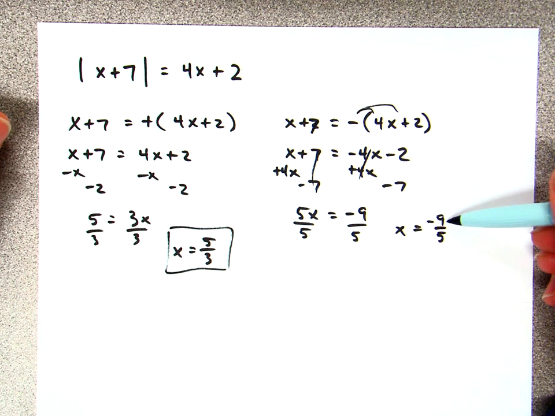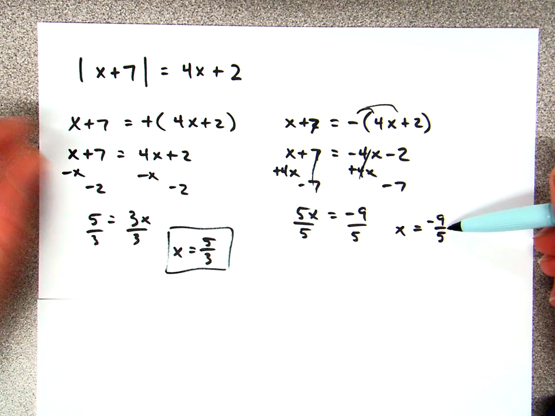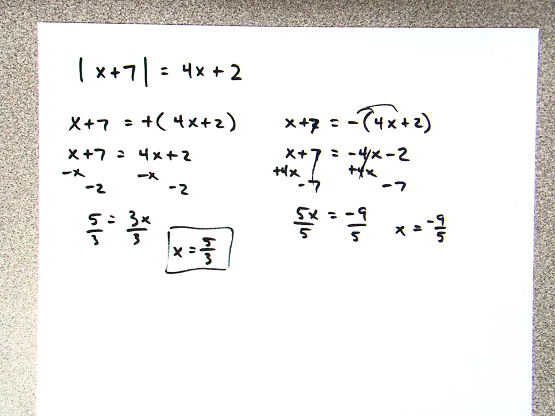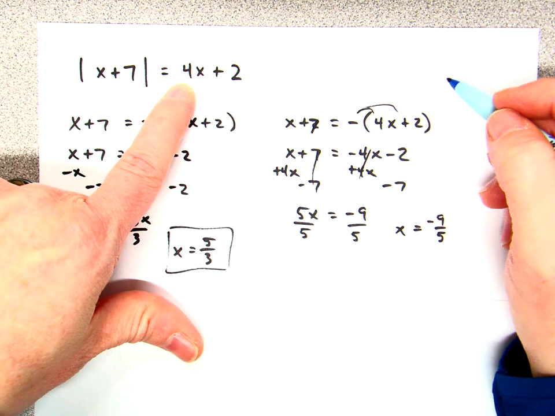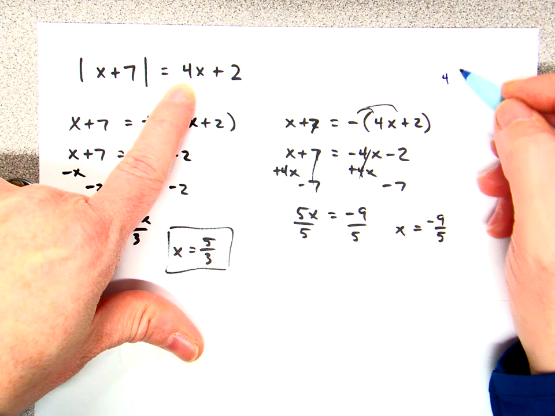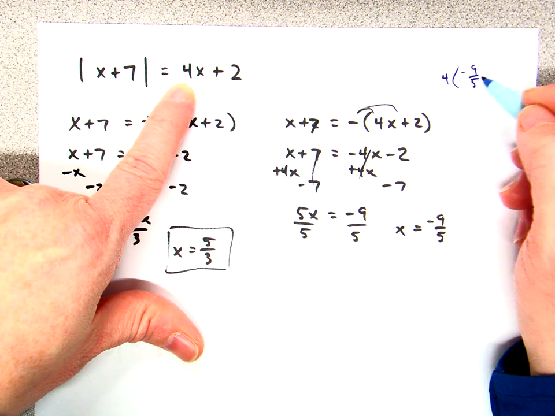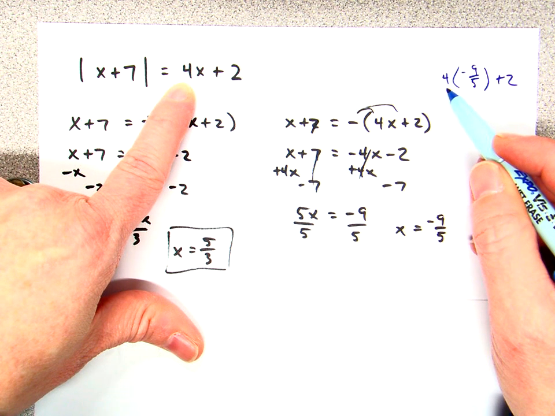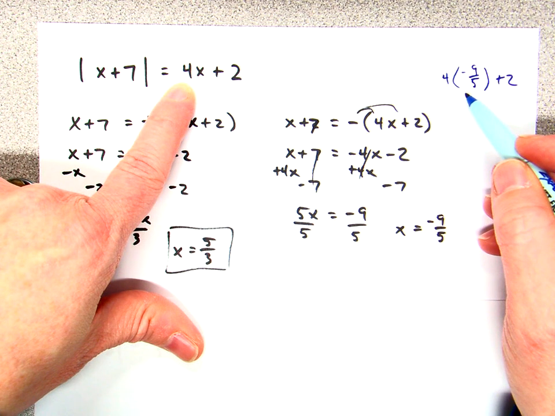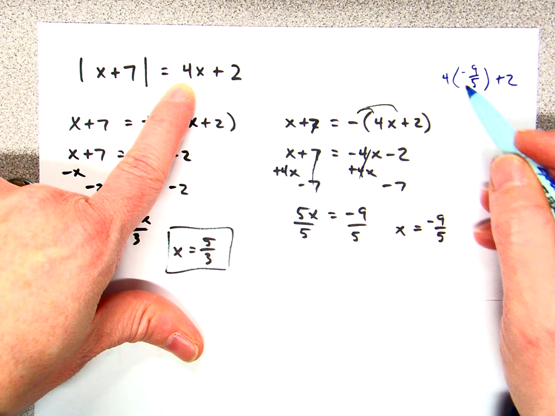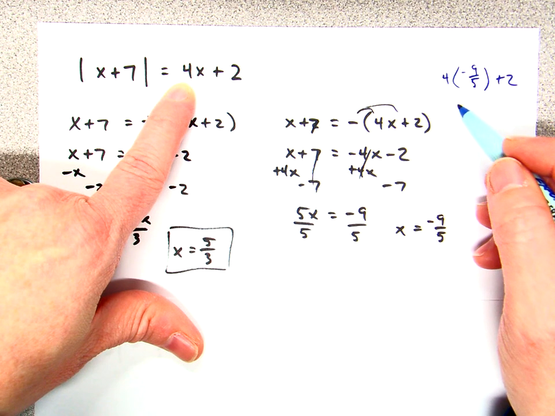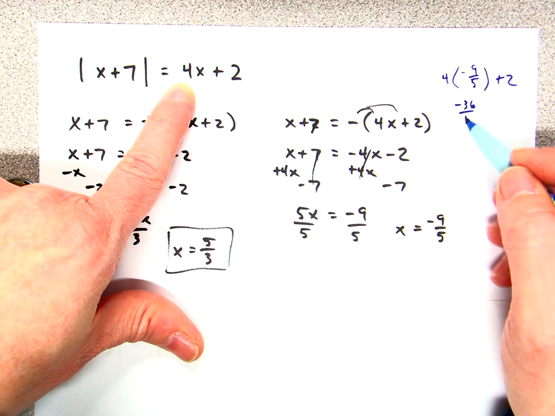Now, negative 9 over 5 is going to be multiplied by 4 and then added to 2, right? Let's check that one. So negative 9 over 5 plus 2. So as long as this guy is a number bigger than 2, because he's negative, then that's all that matters. So 4 times 9 is what? Negative 36 over 5?